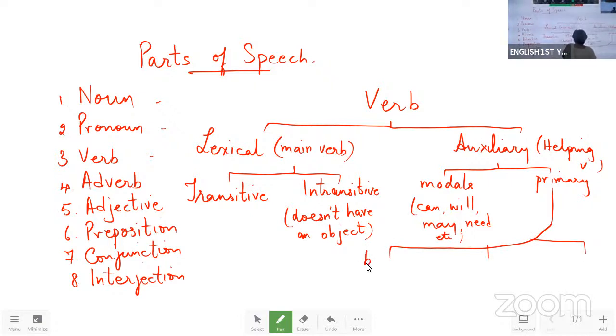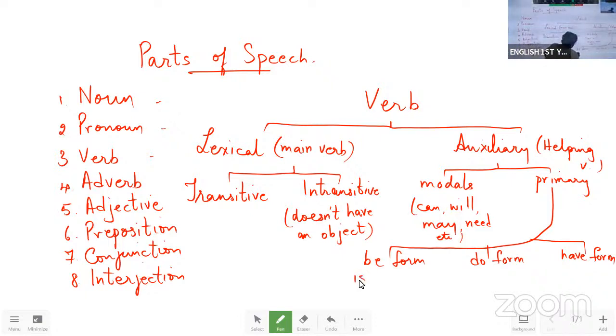Okay, children. Now, coming to primary, they are again divided into three. They are be form, do form, and have form. Now, what do you mean by be form? Everyone thinks be form means being, they don't know.